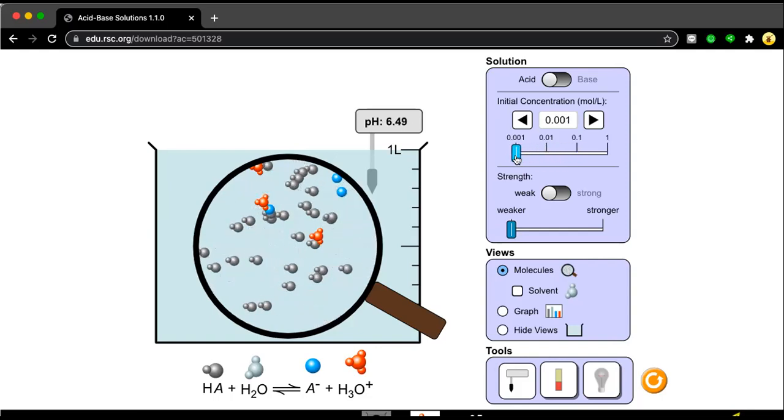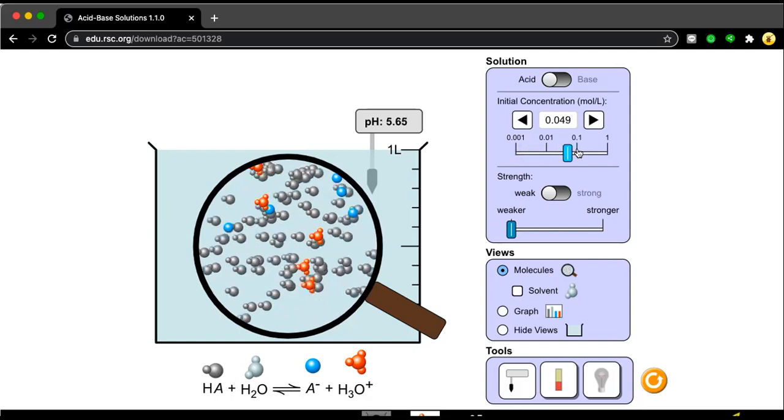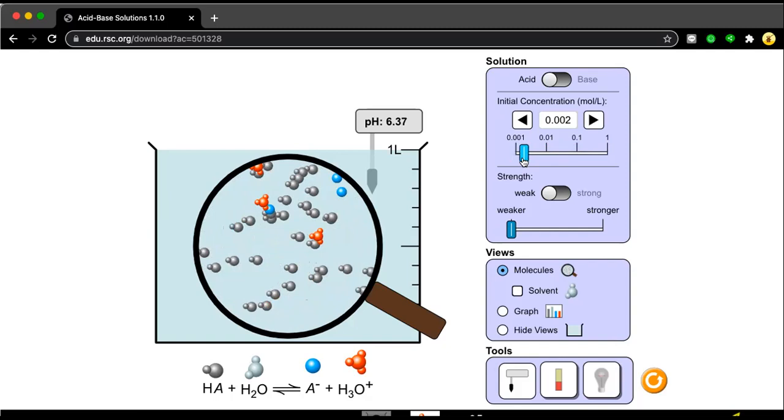So if you do not allow that concentration to be a controlled variable, the strong and the weak acid may have different concentration, but their pH will be very close to each other. Then it's not an accurate measurement of their pH. You cannot really say that this acid is a strong acid and the other is a weak acid, because their concentration to be compared is not the same.